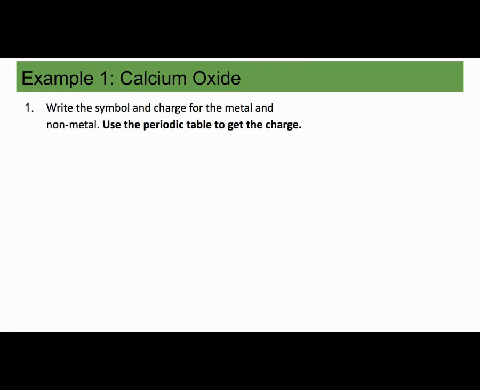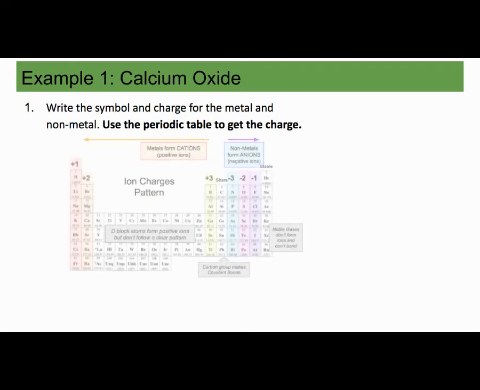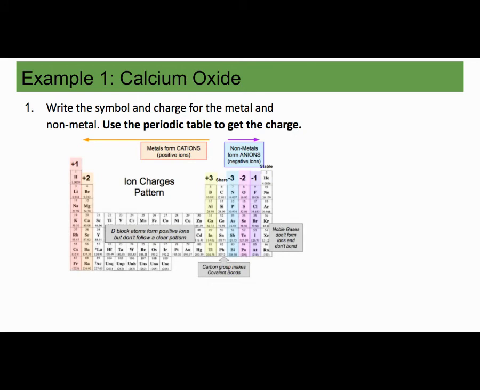So let's start with our first example, calcium oxide. How do we figure out how to write the chemical formula? Well, let's start with step 1. We need to write the symbol and the charge for the metal and the non-metal. And we're going to use our periodic table. Okay, so first we'll write our symbols.